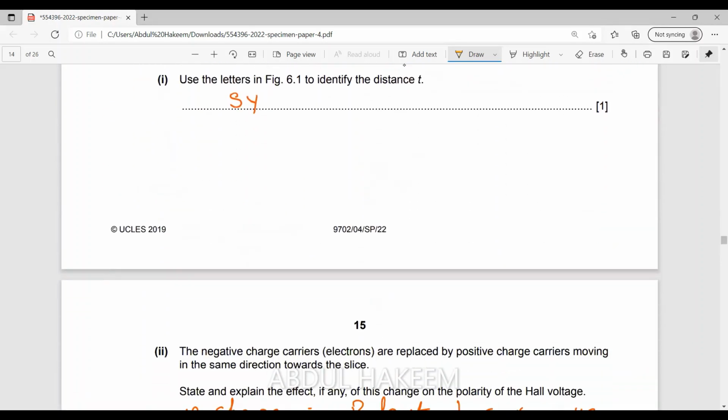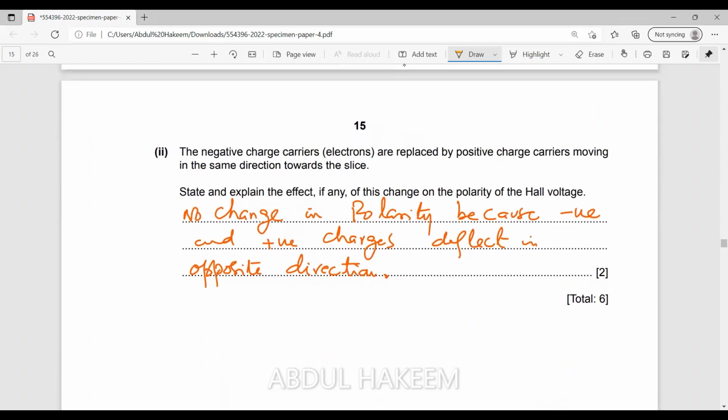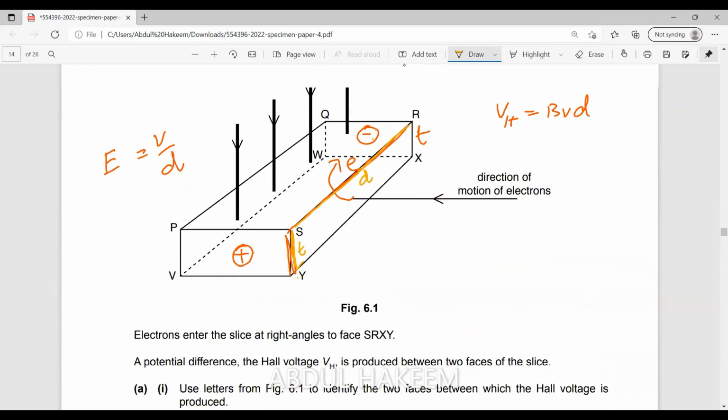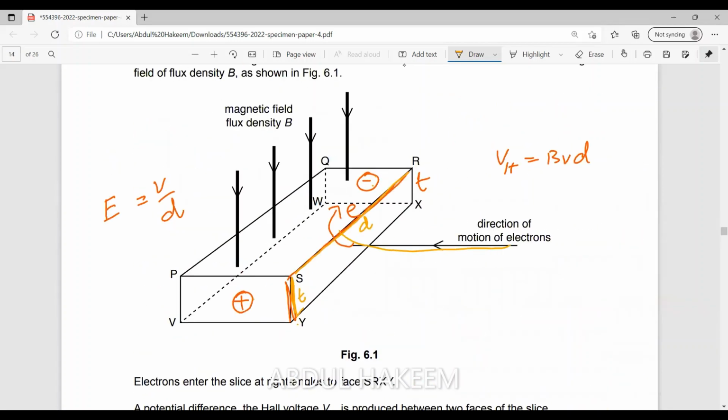So Sy. Next, negative charge carrier electrons are replaced by positive charge carriers moving in the same direction towards the slice. State and explain the effect, if any, of this change on the polarity of the Hall voltage. Look, the electron is deflected in this direction, so this becomes negative.